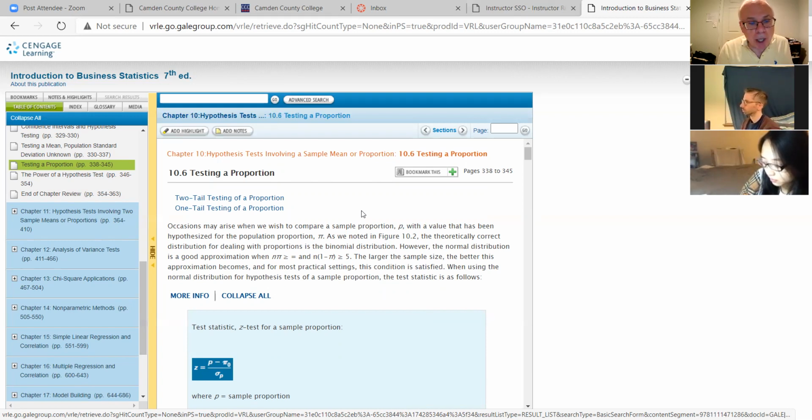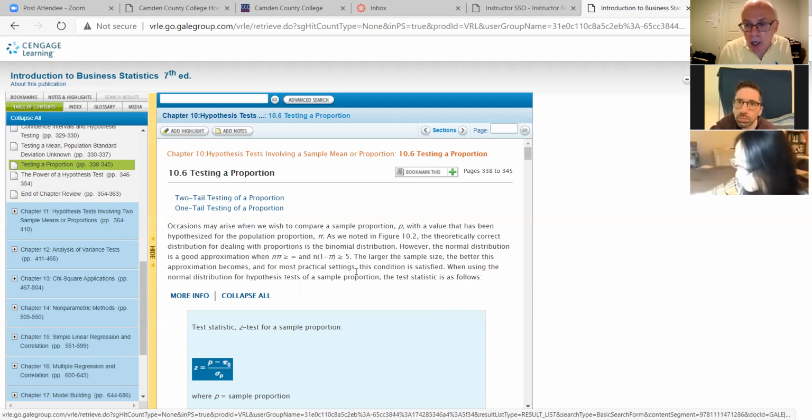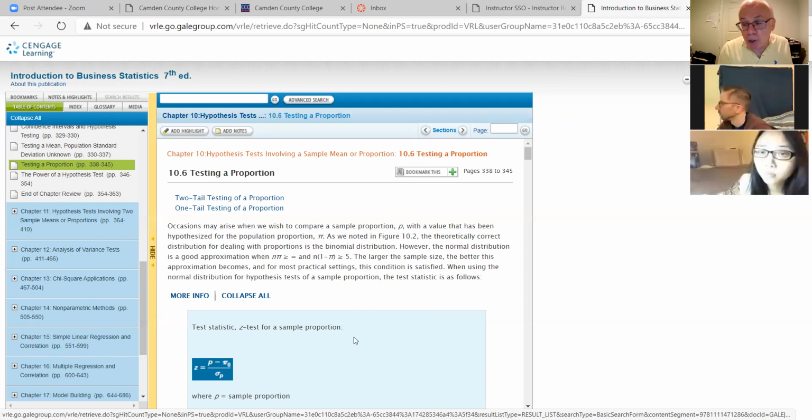And for a proportion, we have those 2 criteria. It says it right here. N times the population proportion and N times 1 minus the population proportion. They both should be at least 5. Right? All right. We talked about that last time. So that's really step 2 when you do a hypothesis test, because otherwise you can't do it.